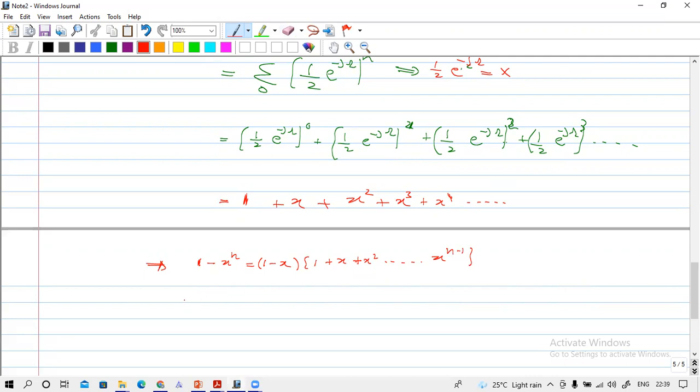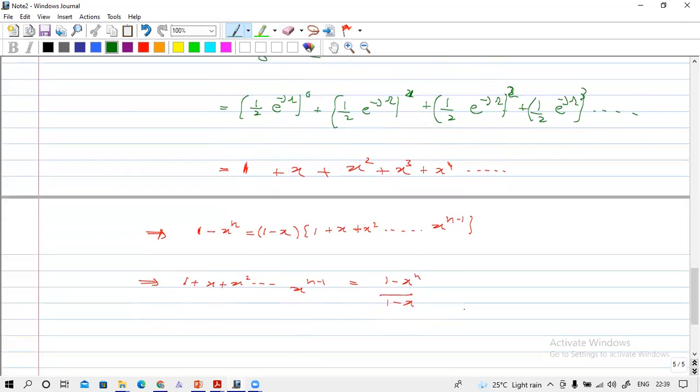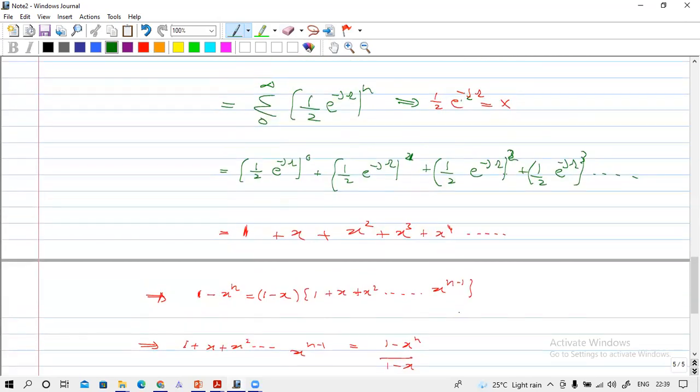So 1 plus x plus x squared up to x^(n-1) is equal to (1 minus x^n) by (1 minus x). This identity you already know, so you can use the same identity here to prove this one.